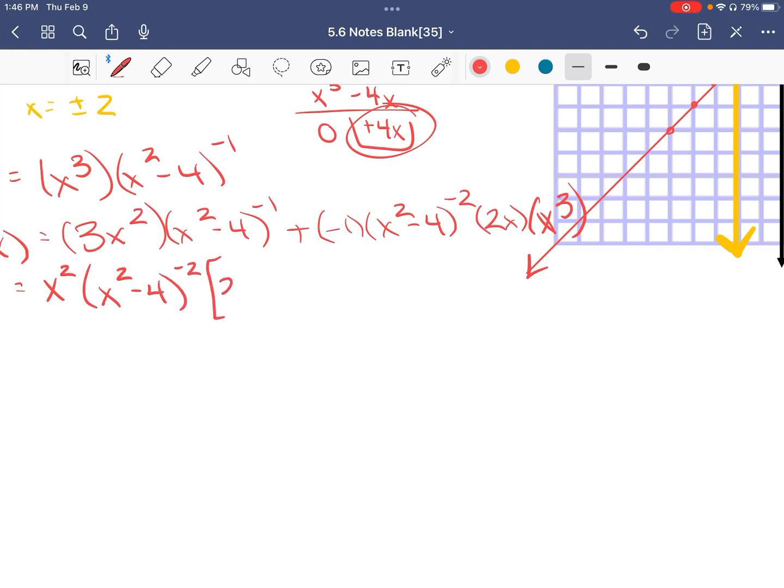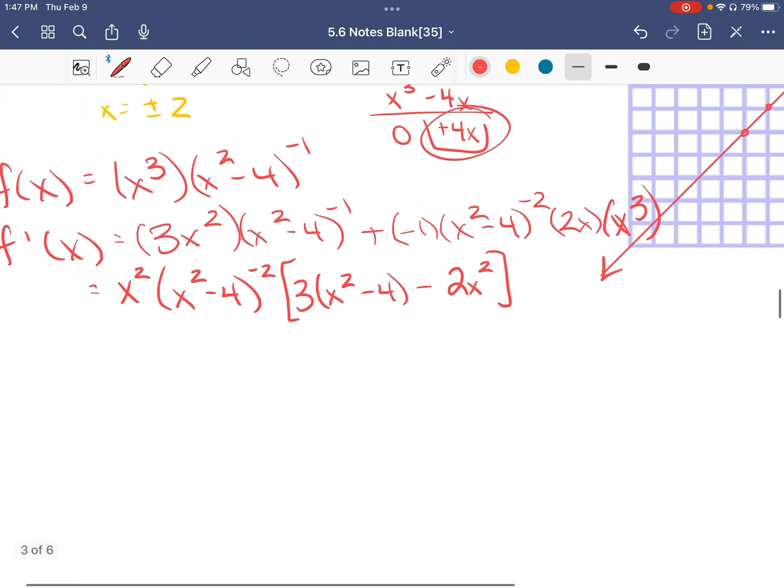That leaves us with 3 times x squared minus 4, minus, we took out the x squared, we took out 2 of those x's, so we are left with 2x squared. Simplifying further, x squared minus 4, we now have 3x squared minus 2x squared, which is x squared minus 12.